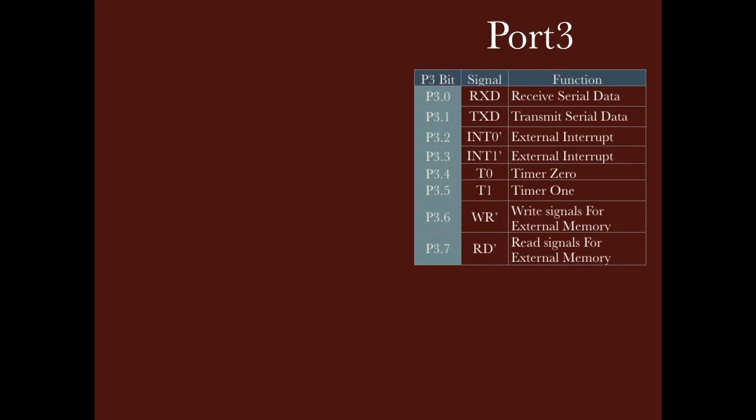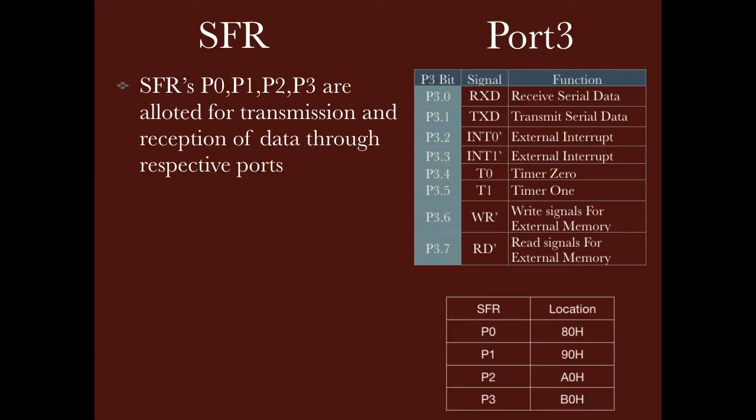So port 3 has a dual role, and as you can see here, it is always used for the external signals. Now we have SFRs, special function registers, for all these ports. That is, when the data is transferred from these ports, it is saved in the internal RAM of the microcontroller, and the registers are allotted specific locations in the RAM as given in the table: 80H is allotted for port P0, 90H for P1, A0H for P2 and B0H for P3.